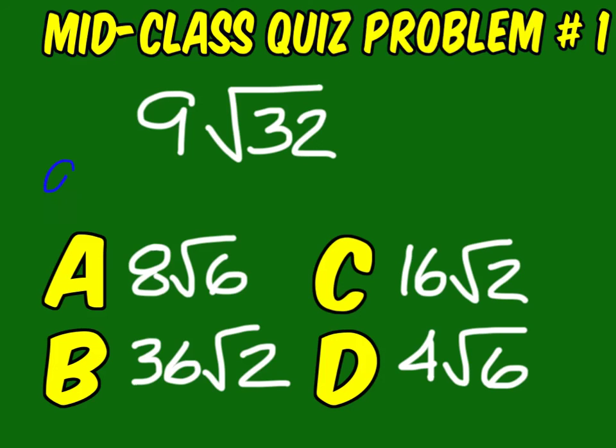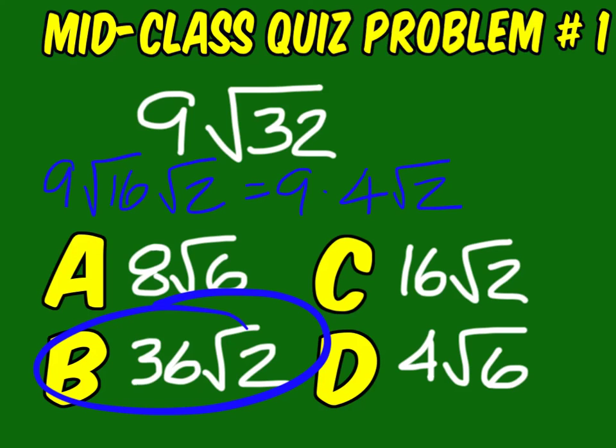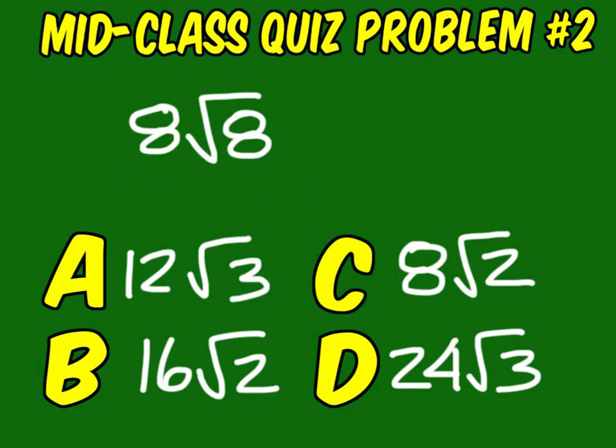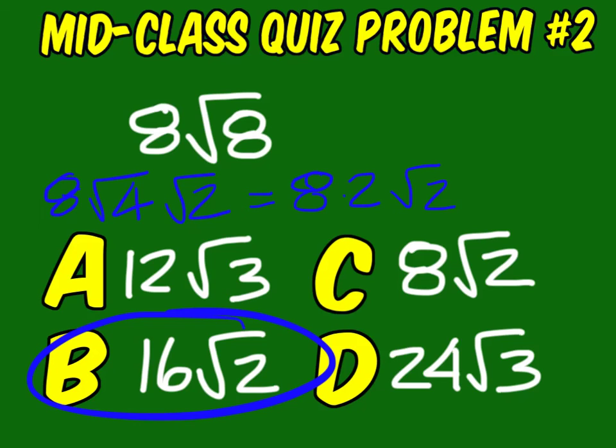On this one, it's going to break up as 16 and 2, so we're going to have 9 times 4 square root of 2, which is going to be B. On this one, it breaks up as 4 and 2, so that would be 8 times 2 square root of 2, which is 16 square root of 2.